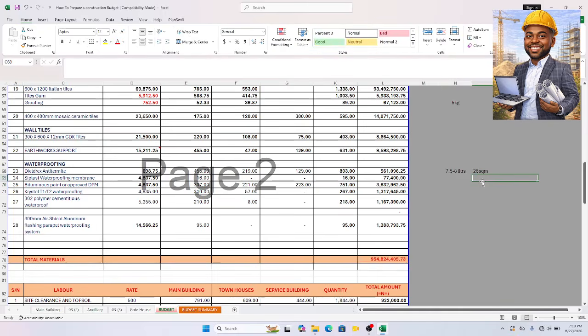Let's do normal math, which is this. This is 26 divided by 8. So 1 liter will cover 3.25 square meters.